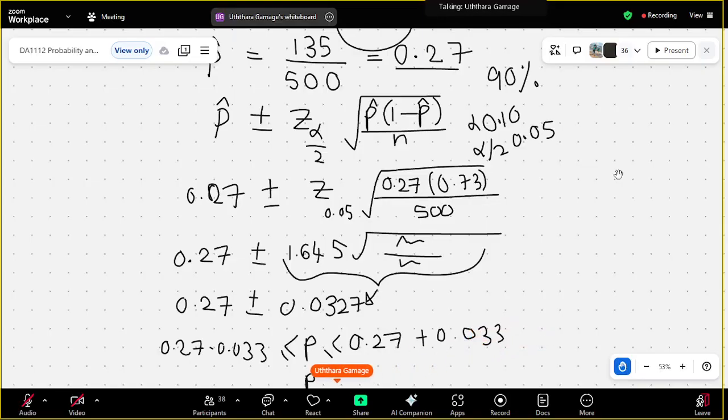So the interval will be, together, 0.237 to 0.303, right? The 90% confidence interval for P in this case is that.